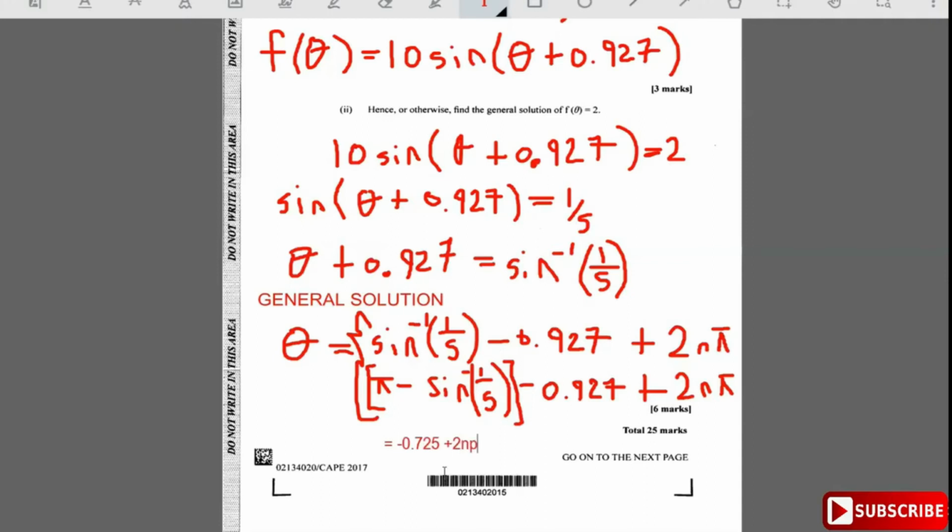and some persons might feel better to write pi minus sine inverse 1 over 5 minus 0.927, which is 2.013 plus 2n pi, depending on how you prefer to write your answer.